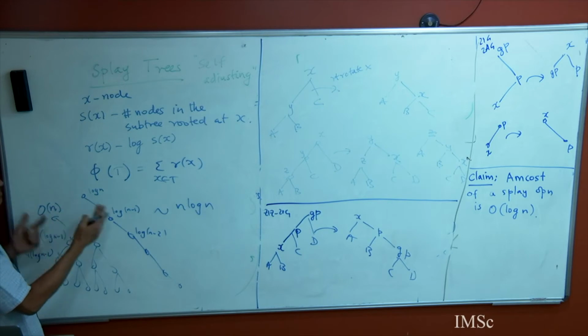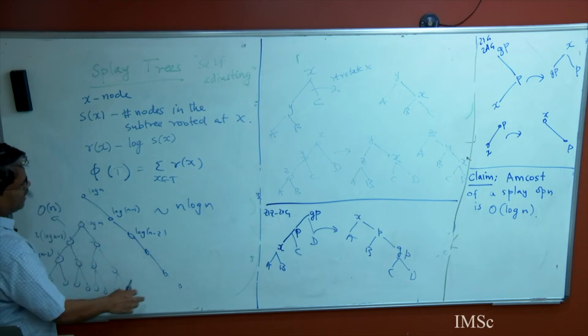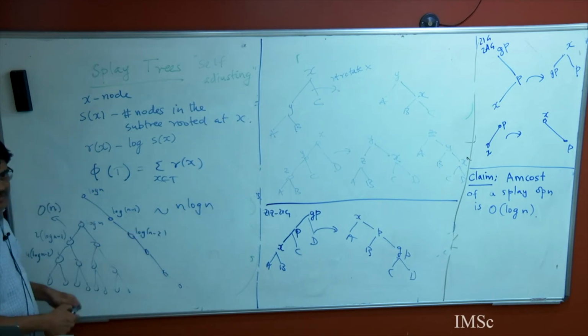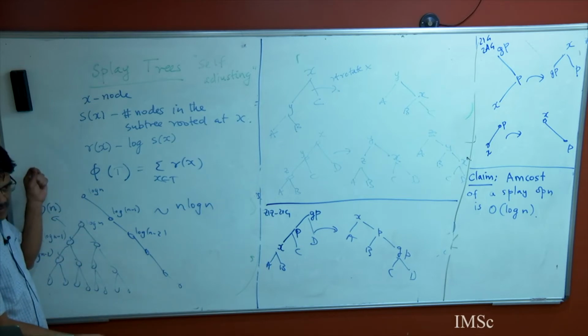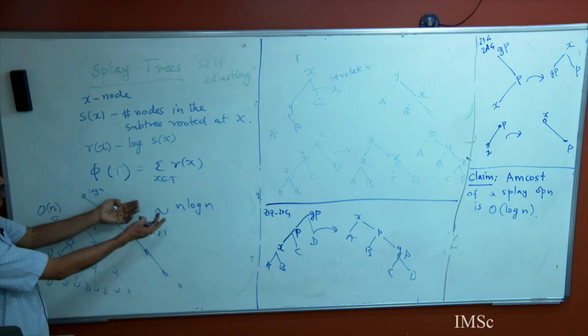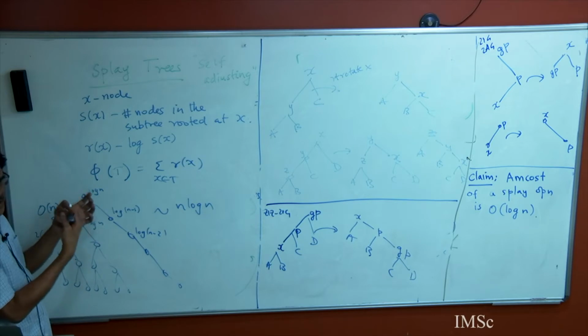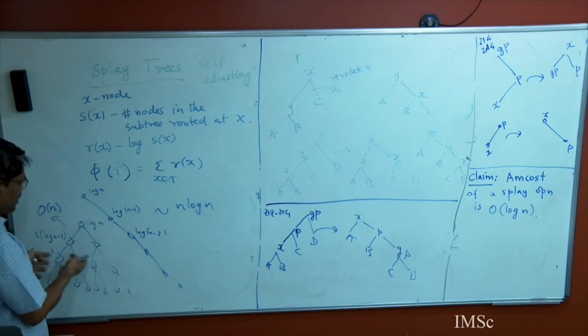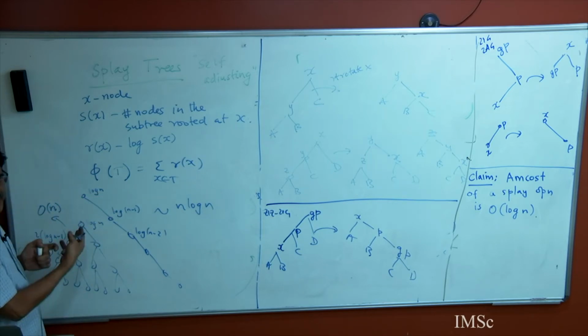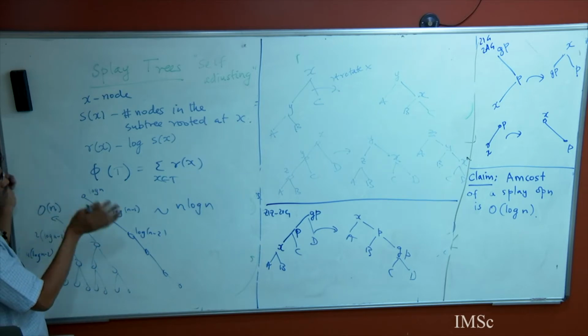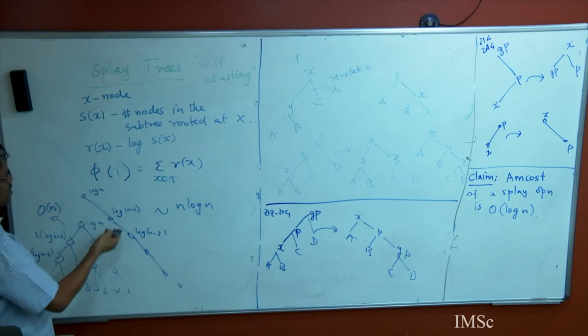So you expect that when the tree is unbalanced, it should have a lot of potential because the operations need more time, so they will draw extra money from the potential. When the tree is balanced, the operations are cheap. It's going to take log n. So that's one way of connecting this potential with this.